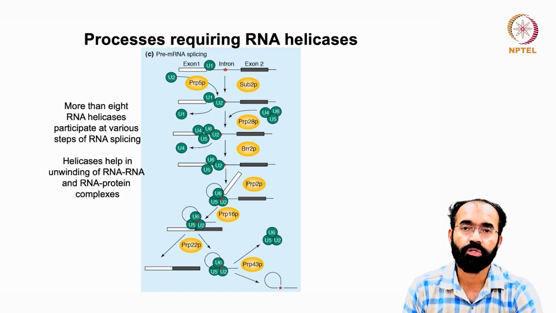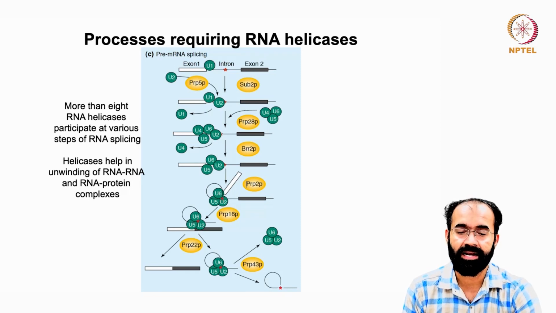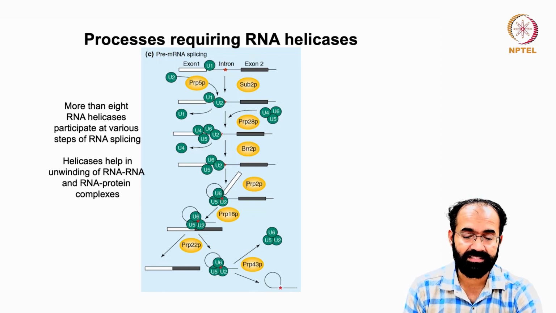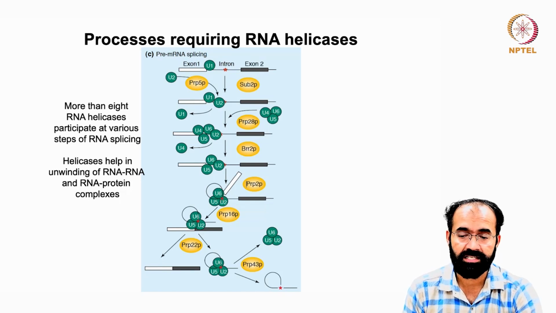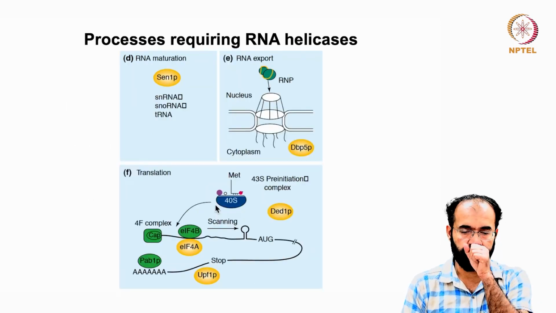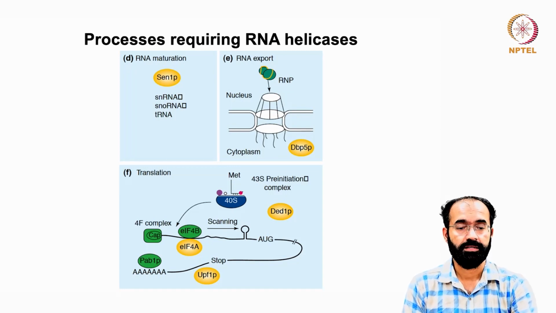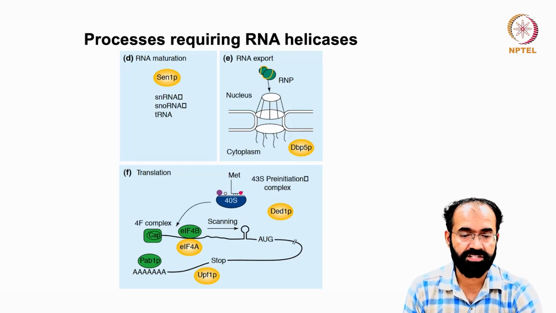We will not go through each of these RNPs, each of these helicases, whichever shown yellow in color, they are all helicases that participate at different stages of the RNA splicing. And let us see step D, RNA maturation.